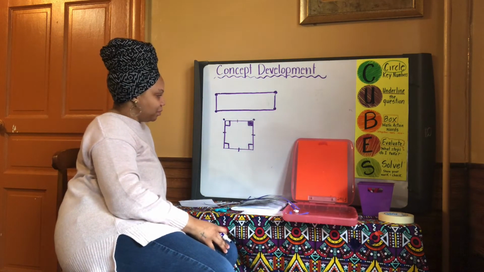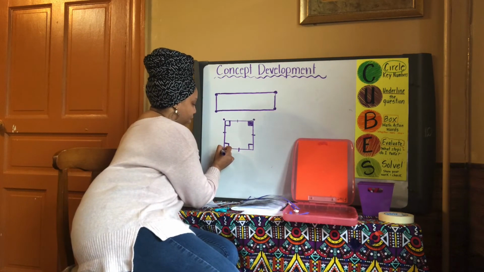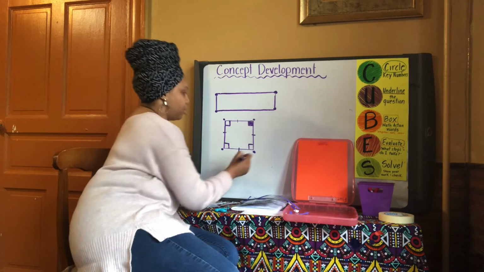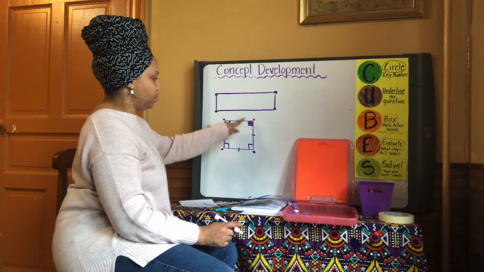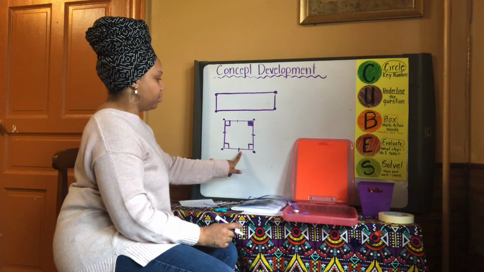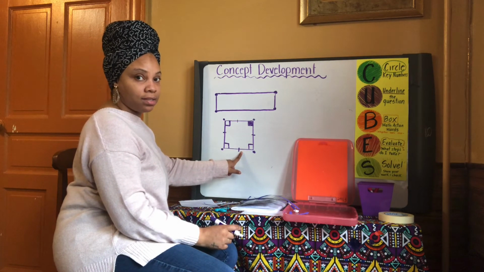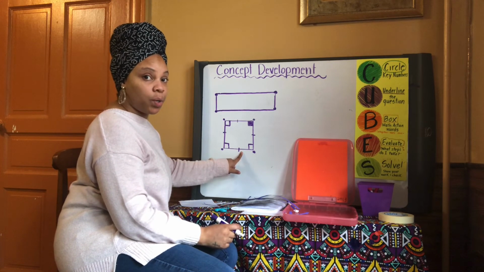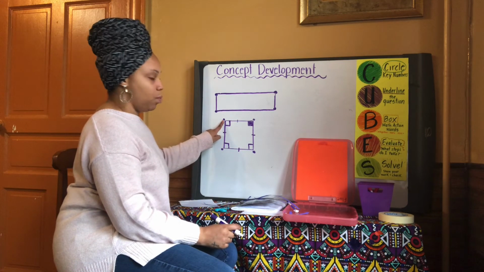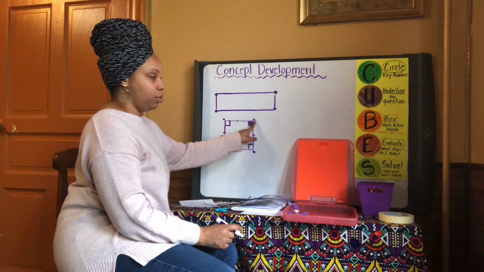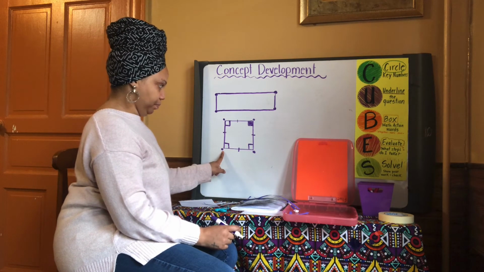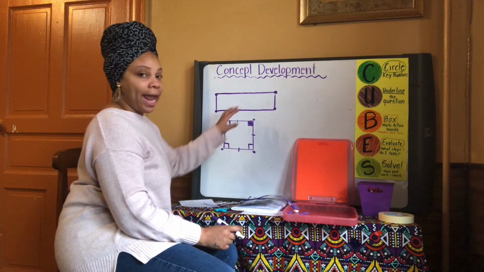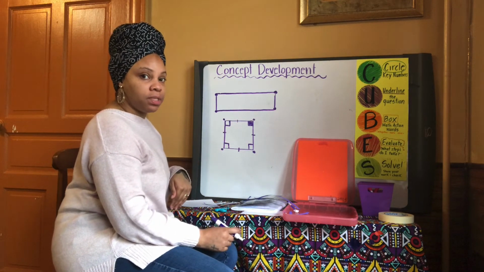Very good, Congo. So we know that a square has, let's count our sides. 1, 2, 3, 4 sides. And now let's count our corners. 1, 2, 3, 4. What attributes do these 2 shapes share?